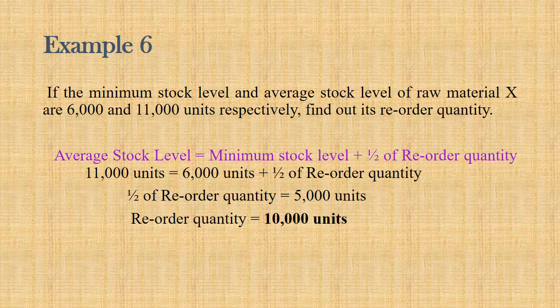So the average stock level is already given, it's 11,000 units of material X, and minimum stock level is 6,000 units. We are supposed to calculate the reorder quantity. So you get a reorder quantity of 10,000 units. This is a simple question which actually substitutes the formula for average stock level to find out reorder quantity.